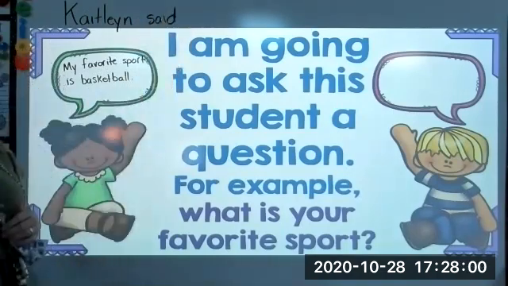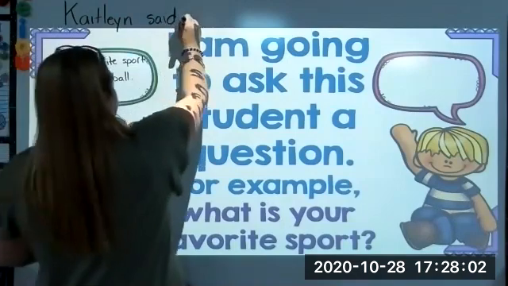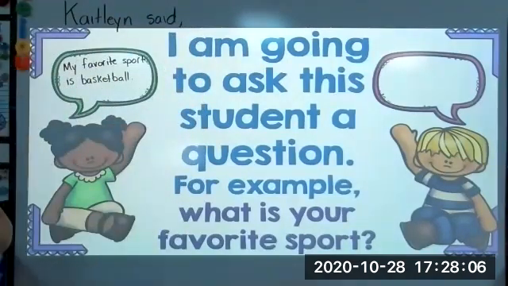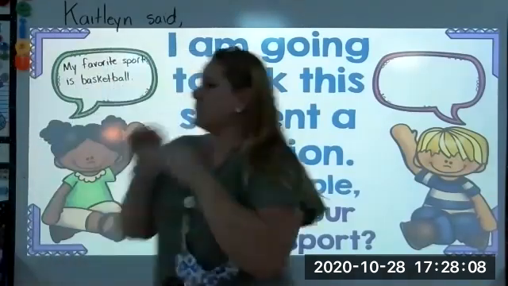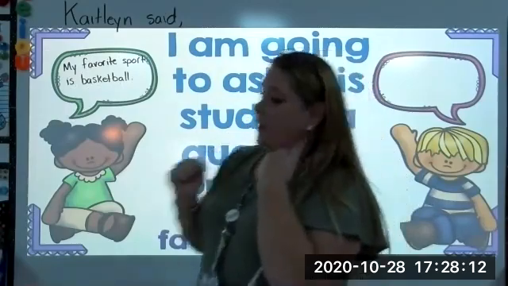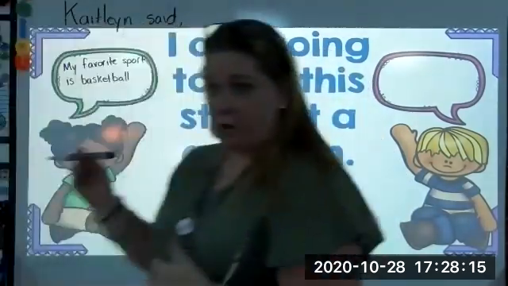Okay, so remember, we always put a comma before the quote. What is it that Caitlin said? Let's use our hands. What did Caitlin say? My favorite sport is basketball. So where do we put the quotation marks?